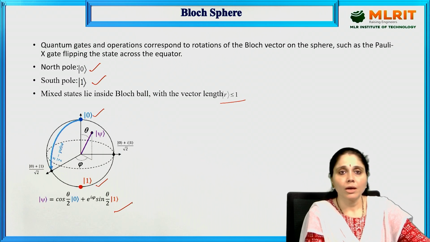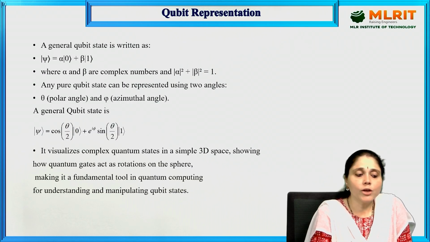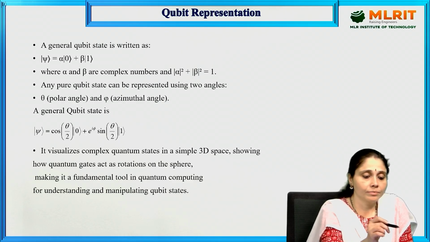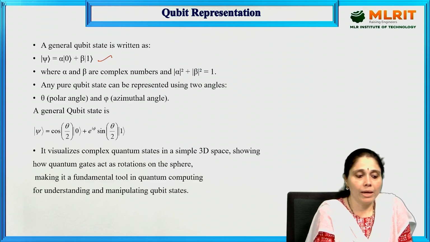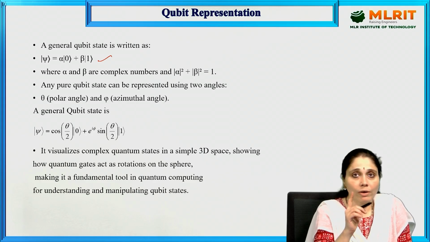Next, a qubit in general is written as ket psi equals alpha ket 0 plus beta ket 1, where alpha and beta are complex numbers and the modulus of alpha squared plus modulus of beta squared is always equal to 1.